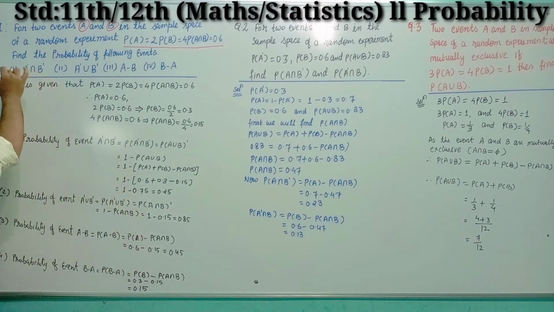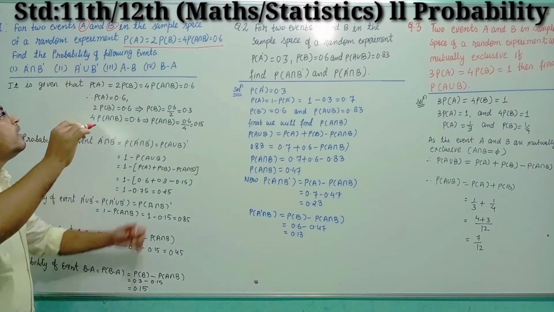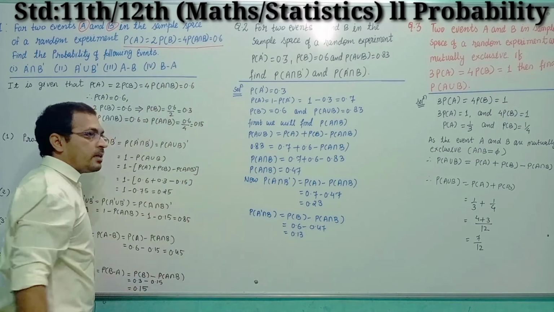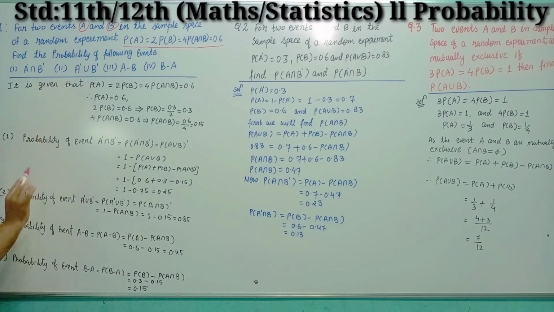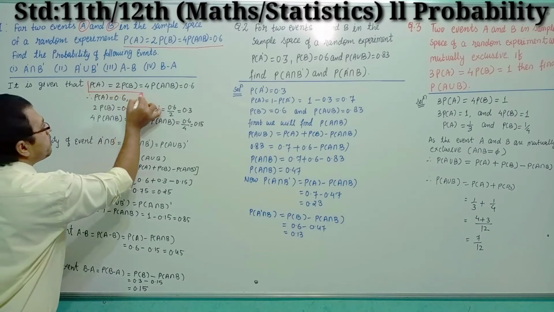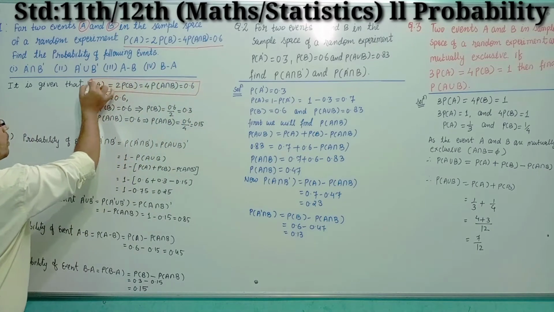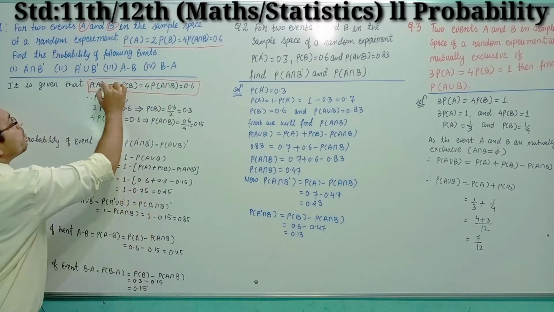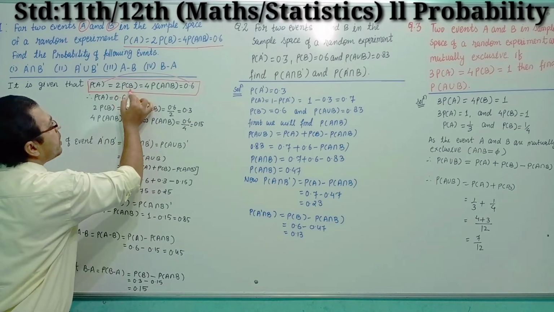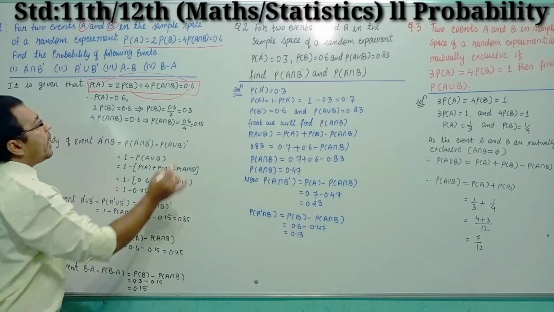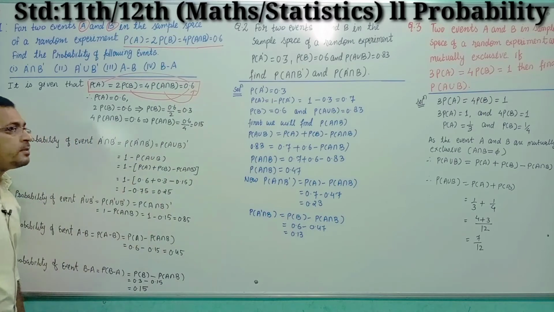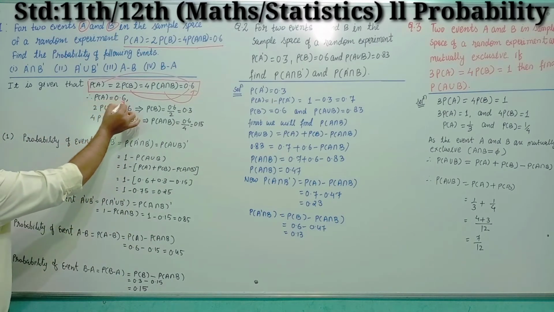Okay students, let us start the first one. First of all, we will simplify the values of P of A, P of B and P of A intersection B to find out all these answers. As per the relation, it is given that P of A, twice P of B and 4 times P of A intersection B are each equal to 0.6. So P of A is 0.6.